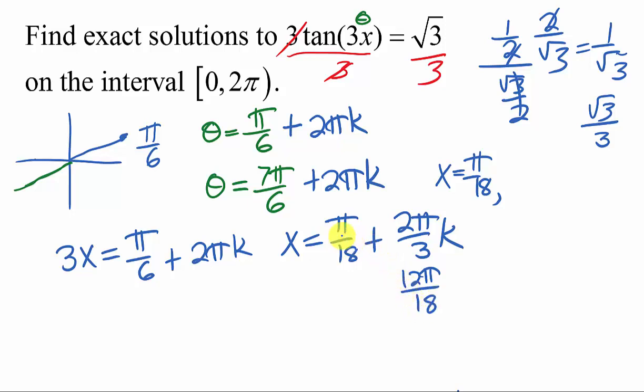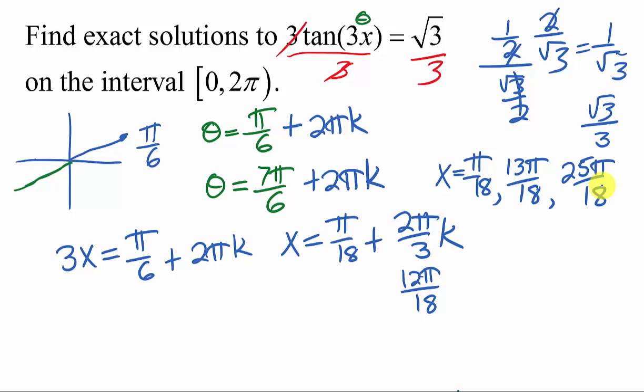So adding that to pi/18, I would get 13 pi/18, which is still on the interval from 0 to 2 pi. Now I'm going to add one more period to that, so I've got 13 pi/18, and I'm going to add the 12 pi/18, and that's 25 pi/18. And again, that is still between 0 and 2 pi. So there are 3 of my solutions.